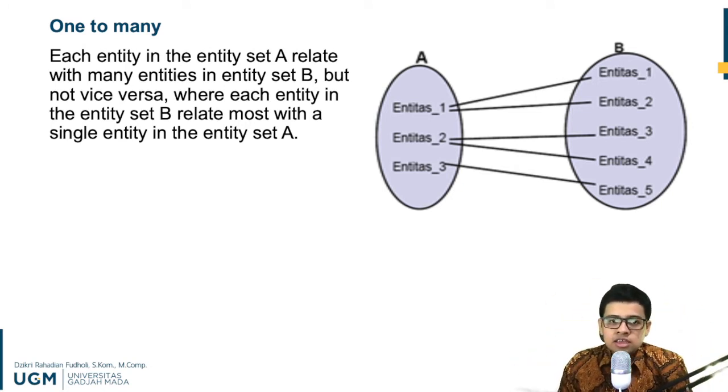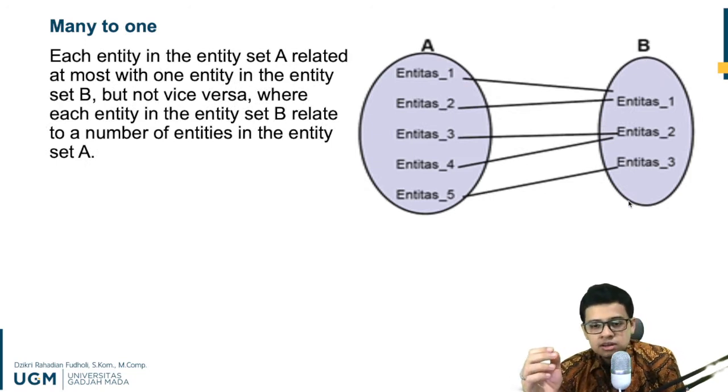Here we say the set A and set B. We say that the set A is the many, and it can be connected to other entities, but for all of the entities in set B, there is only one connection. So here in set A, entity 1 and entity 2 have two connections, two relationships, but in B, each of them only has one. So this is one to many.